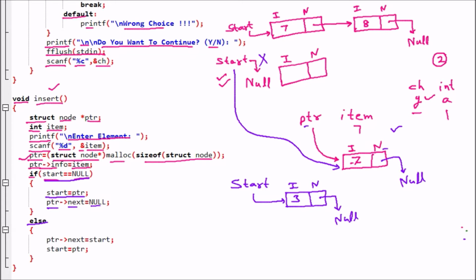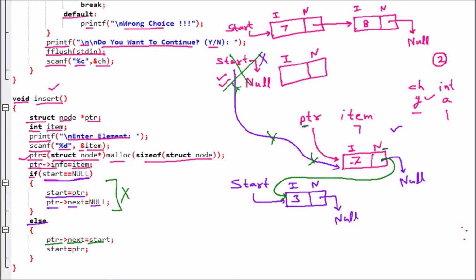So in the else part it is saying, since the if is not working, ptr next is equal to start. So ptr next, that means this one, will be equal to start. So this node will be inserted here. This pointer has no meaning because we have assumed that start is not null right now. Start is already having one element.